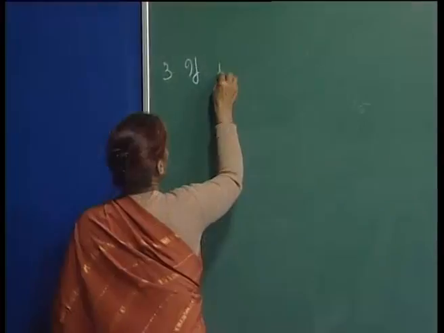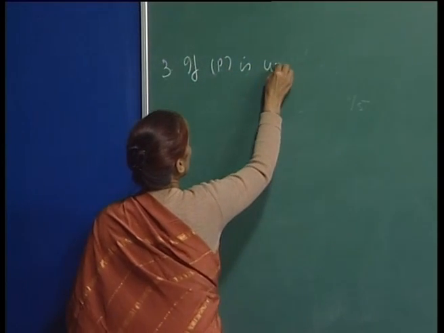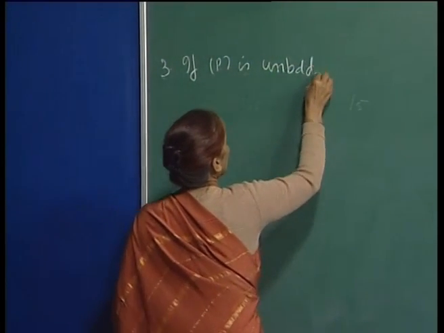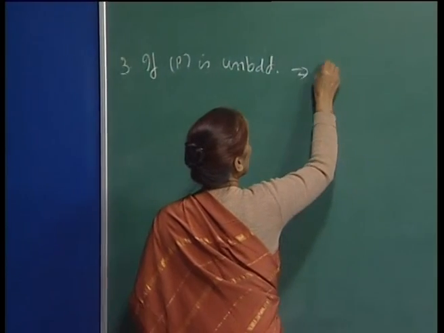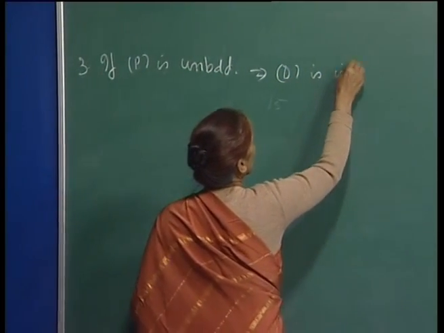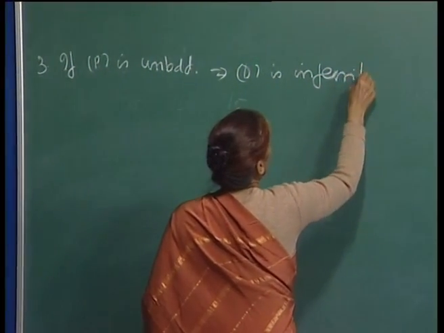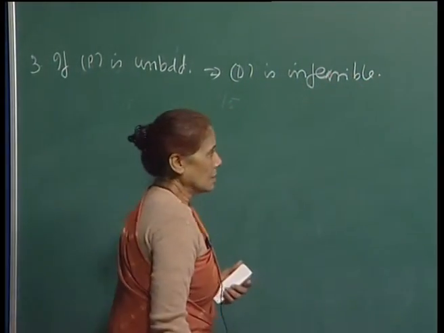So, just with this inequality, so many things you can conclude. So, if P is unbounded, it would imply that D is infeasible, right.